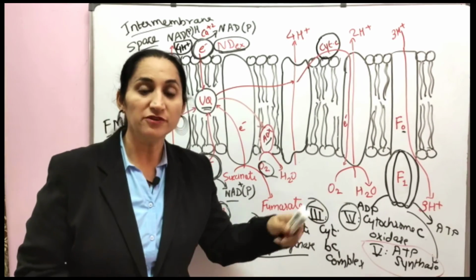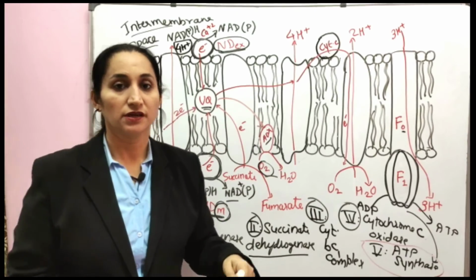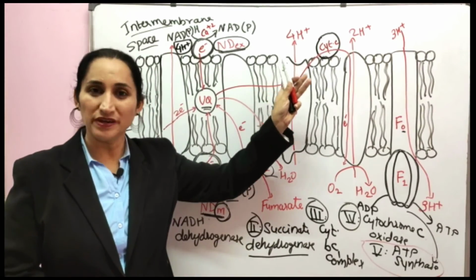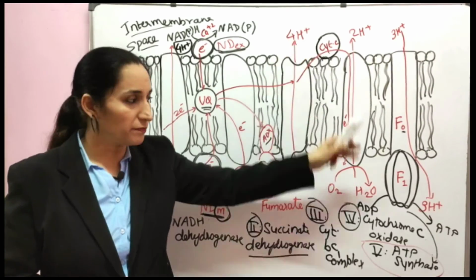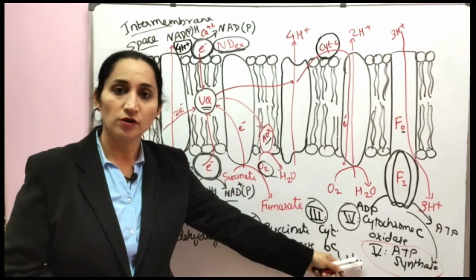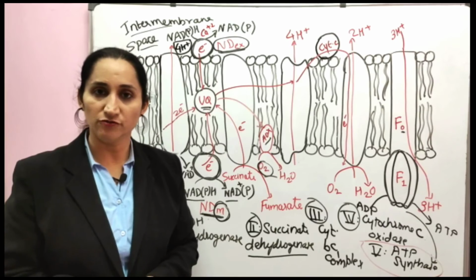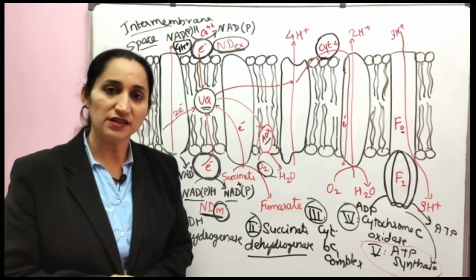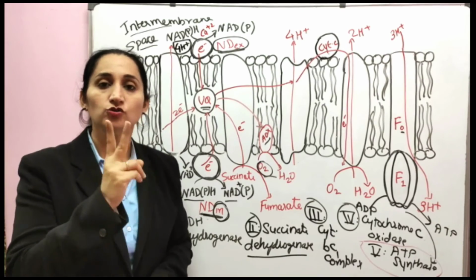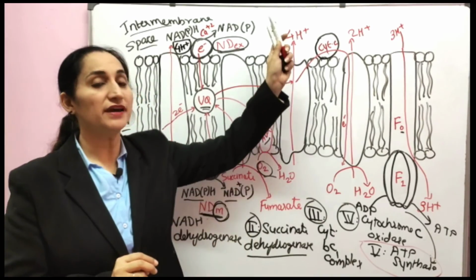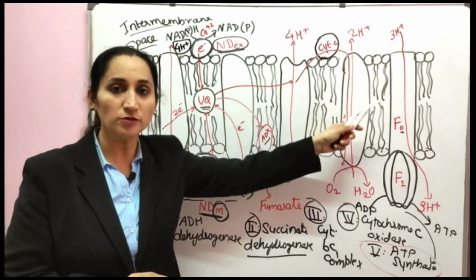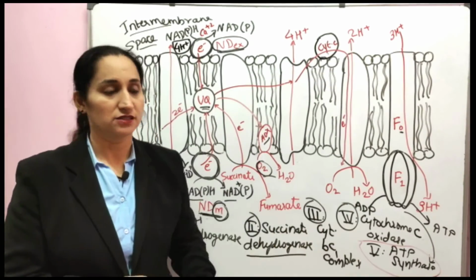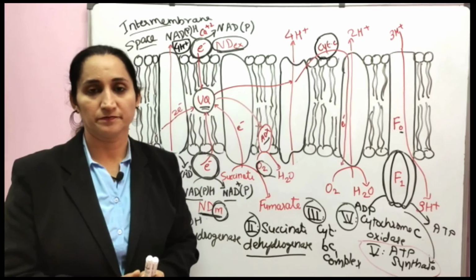The amount of ATP formed depends on the substrate. If it's NADH, then 3 proton pairs will be pumped back from the intermembrane space to the matrix and 3 ATP molecules will be formed. So 1 NADH will form 3 ATP molecules. Similarly, 1 FADH2 will form 2 ATP molecules, as it will pump back 2 proton pairs from the intermembrane space to the matrix via ATP synthase.